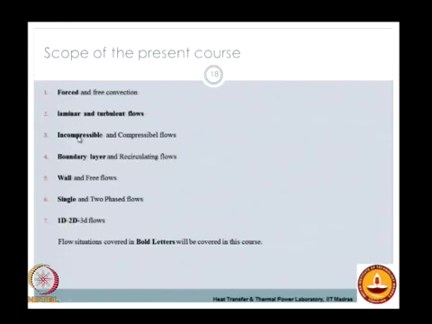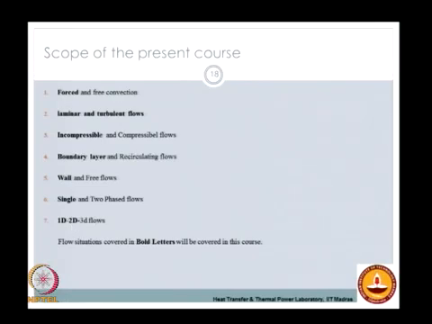Primarily we will focus only on incompressible fluids, restricting our understanding to wall bounded flows and only the boundary layer regions, not the recirculating regions. Again, our focus will be on single phase flows, and two phase flow is a separate course by itself which we will not be covering here, and our scope will be restricted to 1D and 2-dimensional flows.